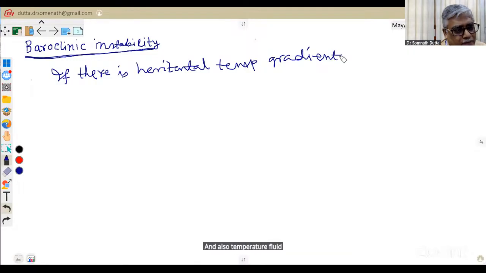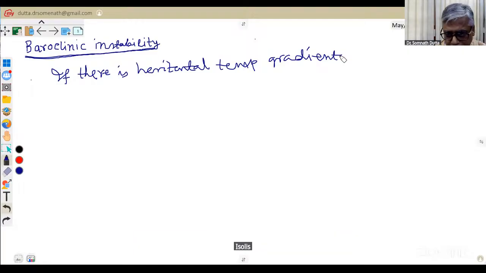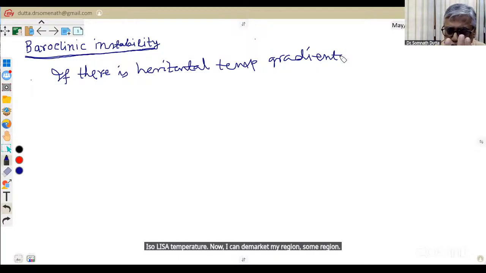So now suppose I have drawn the isolines of geopotential height and isolines of temperature. Now I can demarcate some region, instead of the globe. Suppose I have demarcated this.